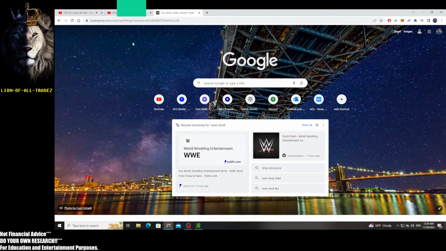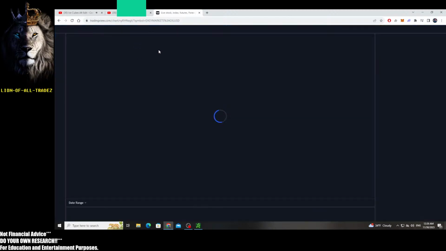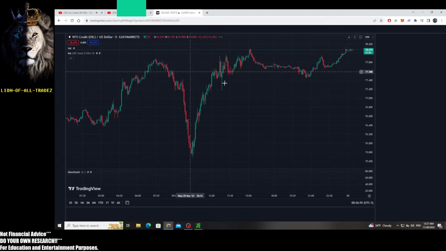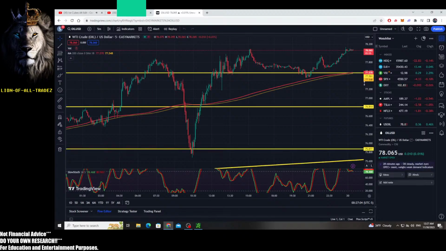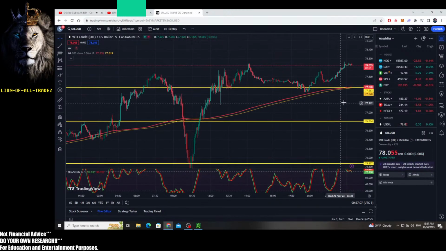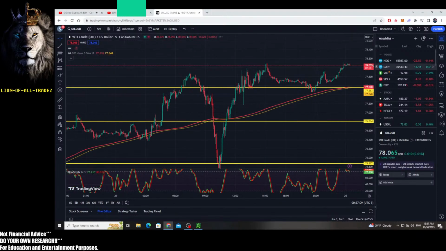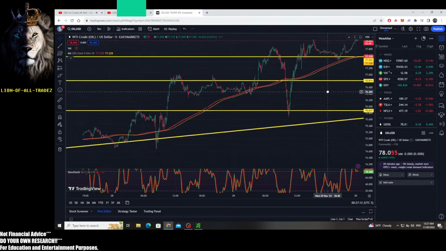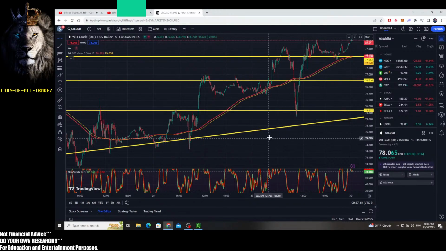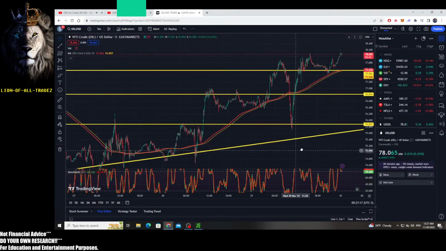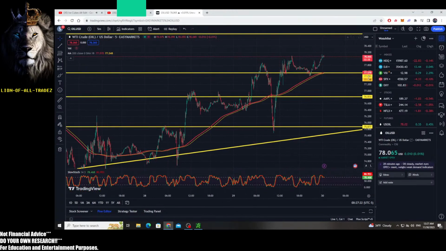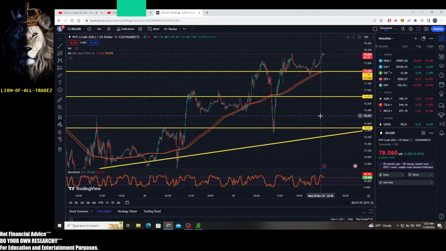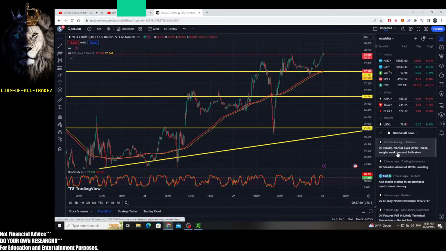I'm about to check oil real quick. And I was saying oil eventually is going to make it to $80 per barrel before this week is over. Wow. What's going on with oil?